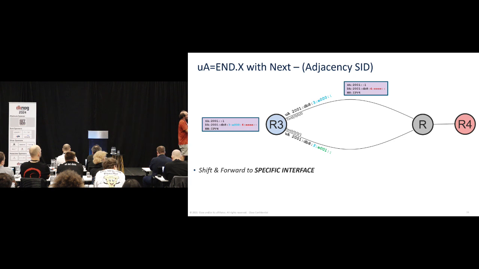I will change the packet, but I will not send it based on the destination IP address. I will always send it on the interface 10.0.0.0, which is on the top, right? Always there. And if I receive the packet 2001:DB8:3E:E001, I will always send it there, no matter where my routing table is pointing right now. And it's 100% equivalent of the adjacency SID in MPLS. There is no difference. It's exactly the same behavior as the adjacency SID in MPLS.